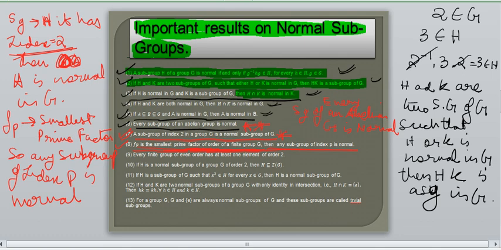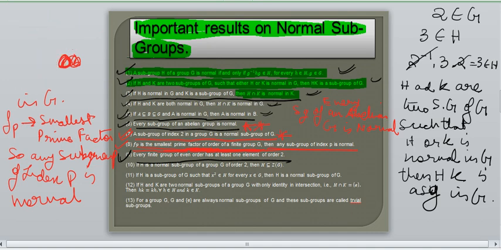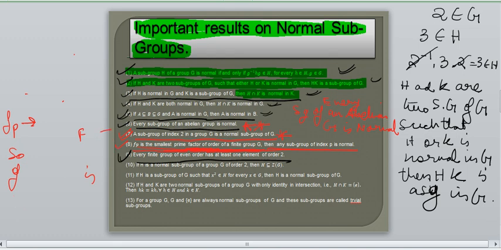Moving on to our ninth point here. What is our ninth point? Every finite group of even order has at least one element of order 2. Very interesting point. It says every finite group of even order.